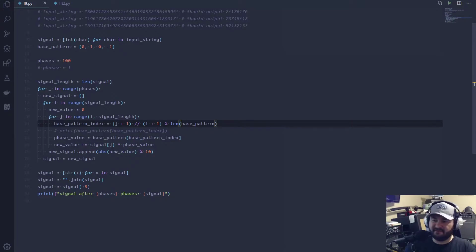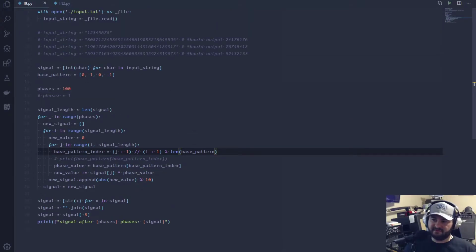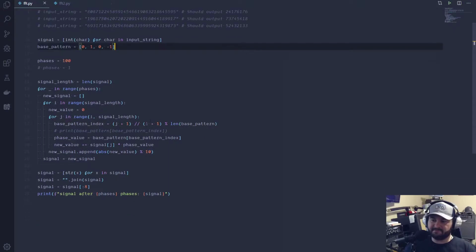That is going to give you that base pattern index. So that's going to give me the 0, 1, 2, or 3 for that. Basically, which one of these numbers I want.